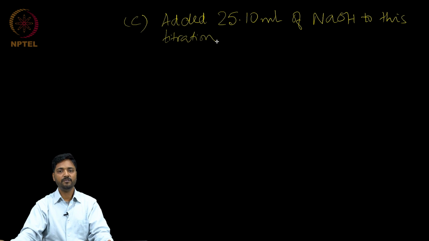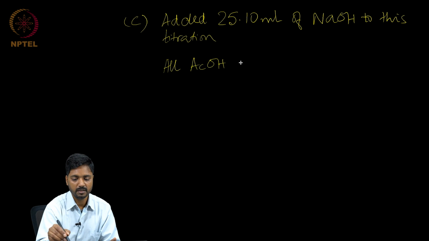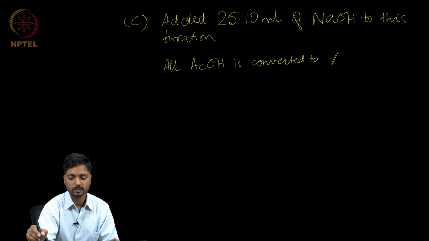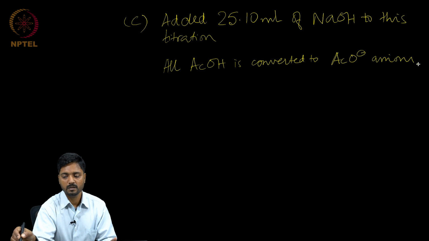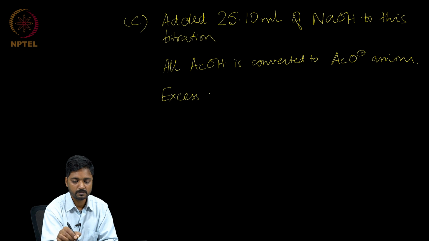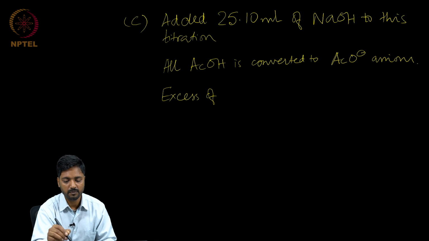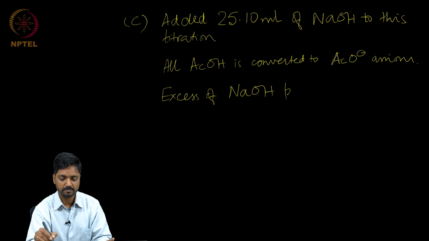Now, when we have added excess sodium hydroxide, all free acetic acid is converted to acetate anions, and we have a little excess of sodium hydroxide present in the medium.